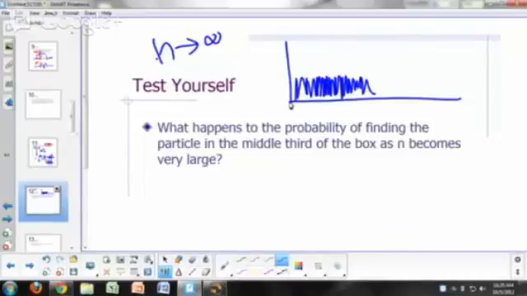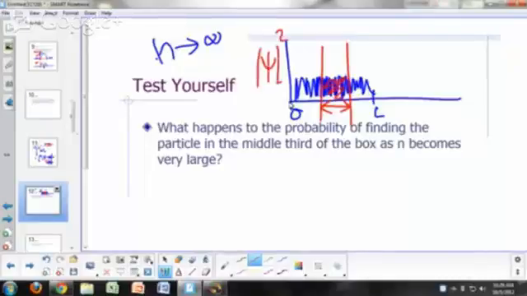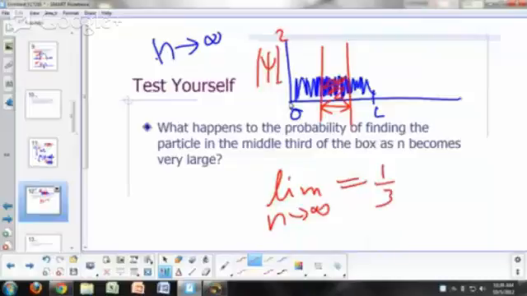You've got these really short sine waves between 0 and L. So as n approaches infinity, that area under the curve for psi squared versus x becomes essentially 1/3 of the total area. So the limit as n approaches infinity is going to be 1/3.